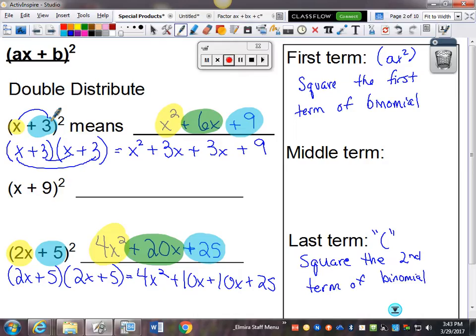So 3x and double it. 2x times 5 is 10x, double it, 20x. Okay, so I multiply the terms of the binomial and double it.